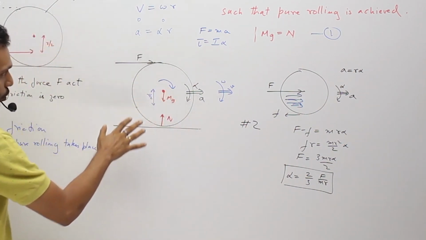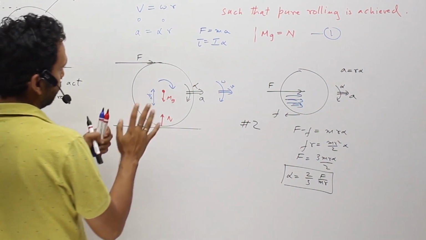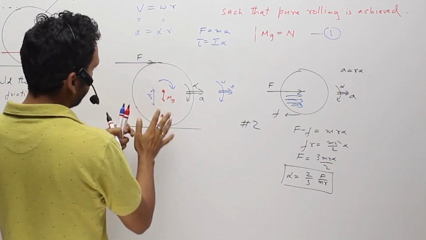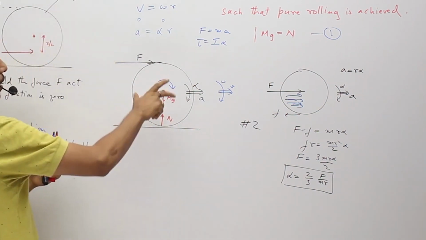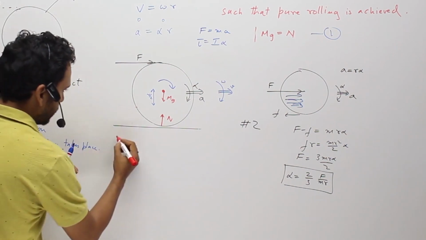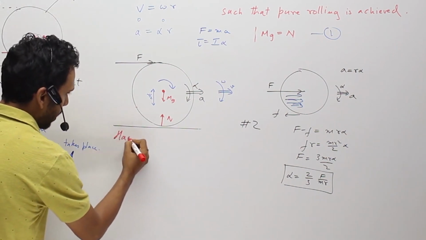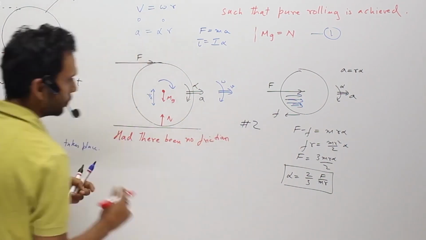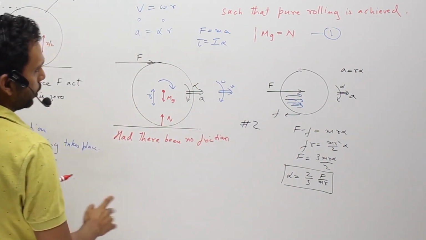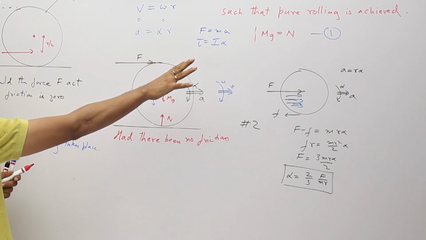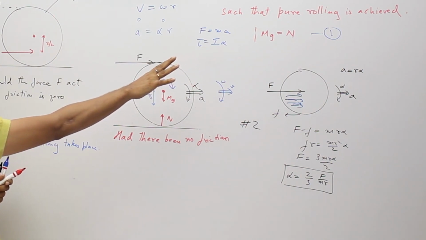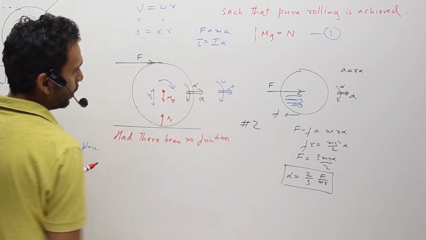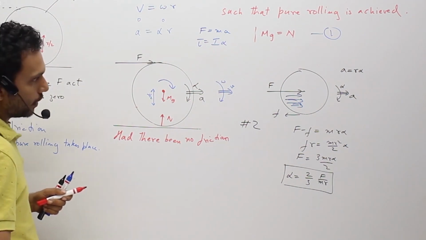So had there been no friction, now here that point is quite important. Had there been no friction, what would have been? So I'll just write that. Had there been no friction, so I'll quickly write that case.